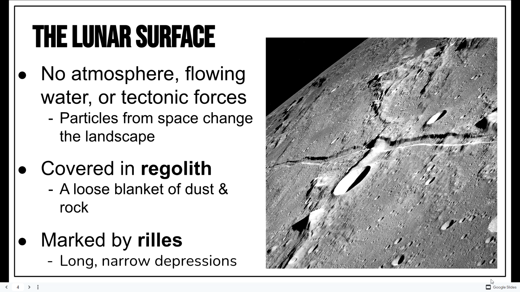The only way that the landscape of the moon changes is if it gets hit from other things floating around in space. And that's where all of its craters and features came from. It's covered in what's known as regolith. That's a loose blanket of dust and rock that's held in by the small amount of gravity that the moon has.